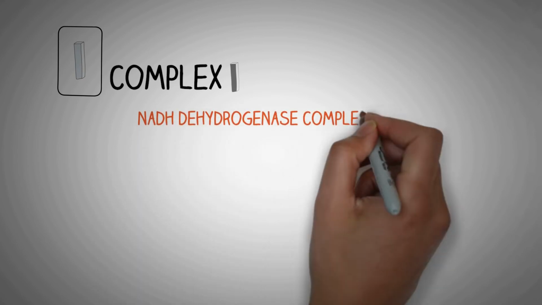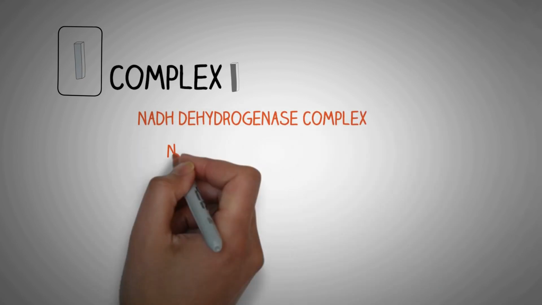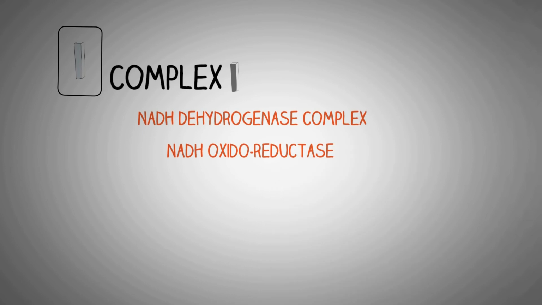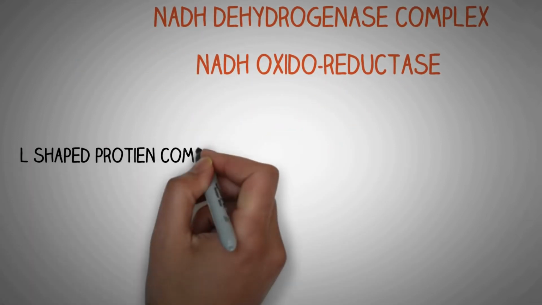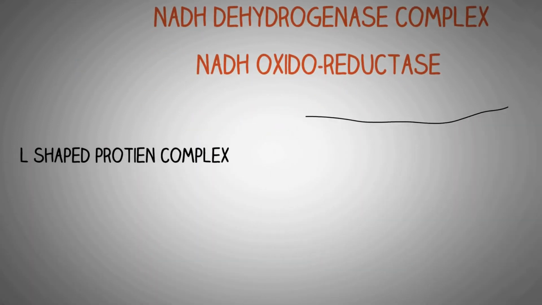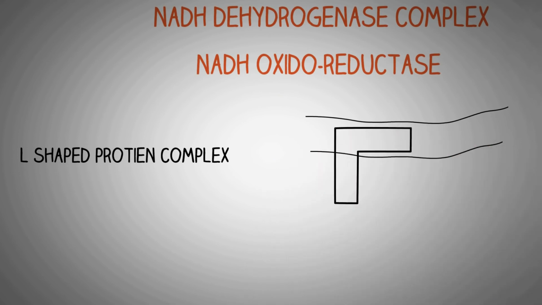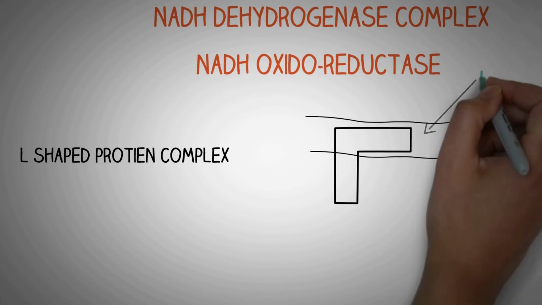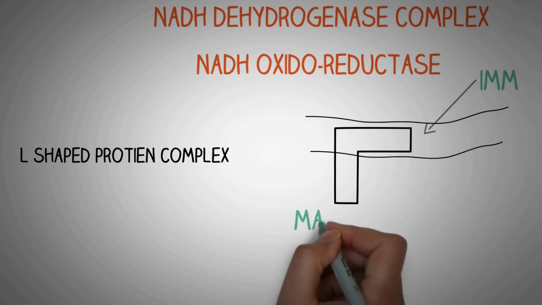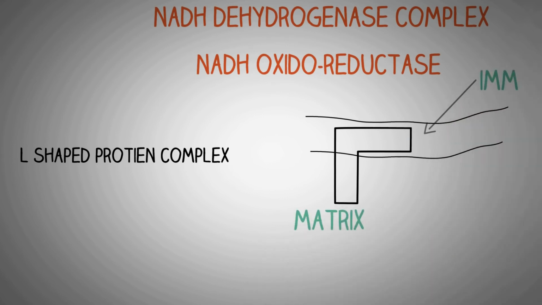Complex 1 of the electron transport chain is named NADH dehydrogenase complex. It is also known as the NADH oxidoreductase. The first complex is an L-shaped protein complex present in the inner mitochondrial membrane. It has 2 arms. The vertical arm is located inside the inner mitochondrial membrane, whereas the horizontal arm is located inside the matrix of the mitochondria.